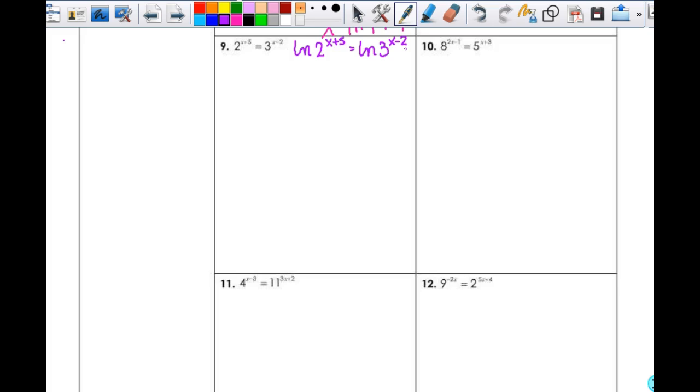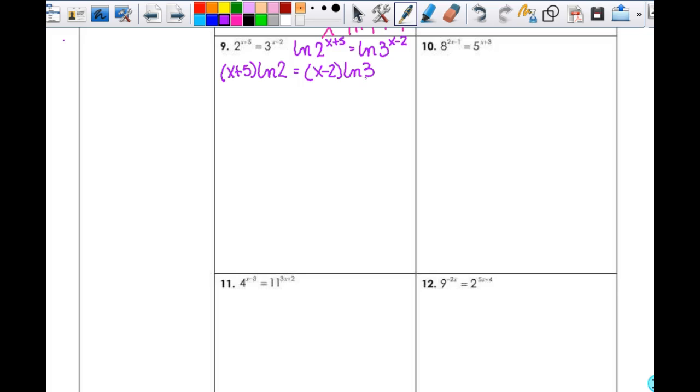Okay. So both of the exponents get to come out front of their respective logs, and I have to make sure I have parentheses. So I'm going to have parentheses x plus 5 times the natural log of 2 equals parentheses x minus 2 times the natural log of 3. Now when we've gotten to this point on the other one, we divided by the log, but that's not really going to help me here. This would be wrong.